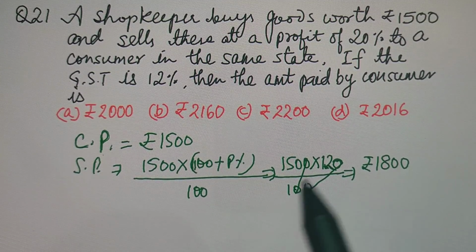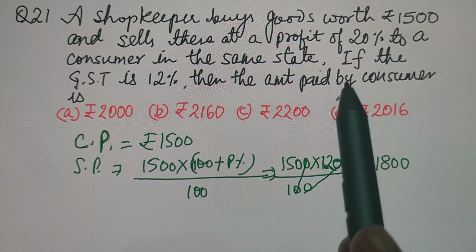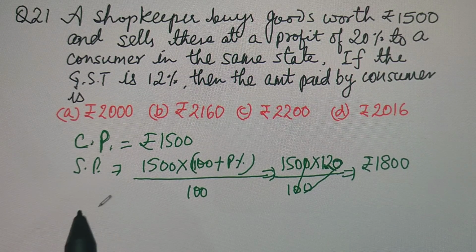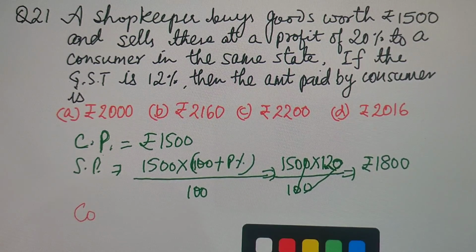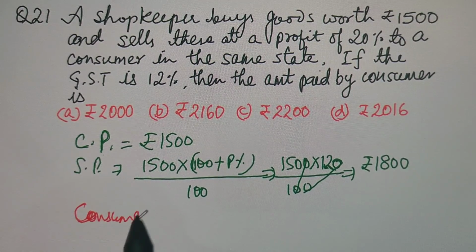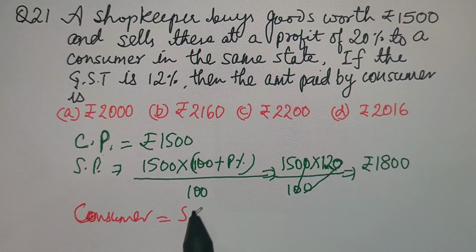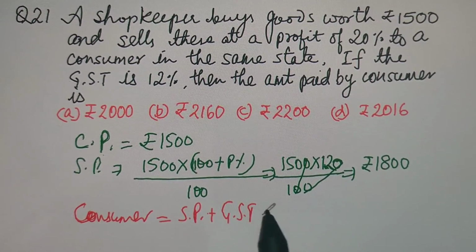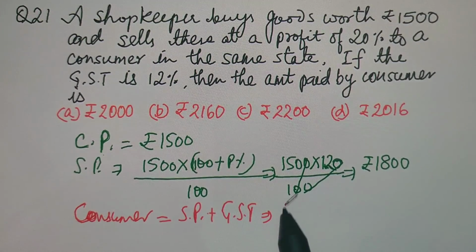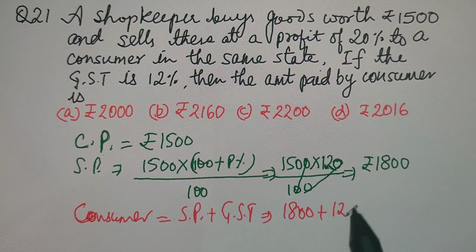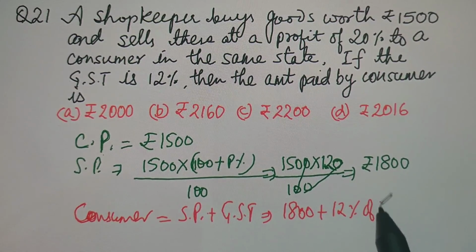Fine. Now we have to find the amount paid by the consumer. The amount paid by the consumer is going to be SP plus GST. So it is going to be 1800 plus 12% of 1800.